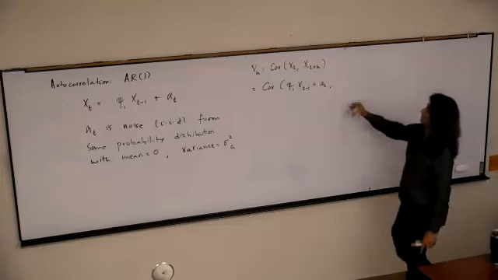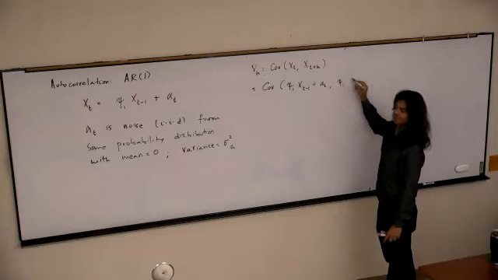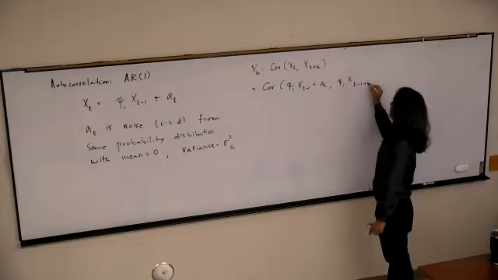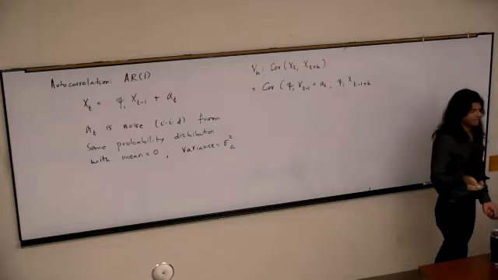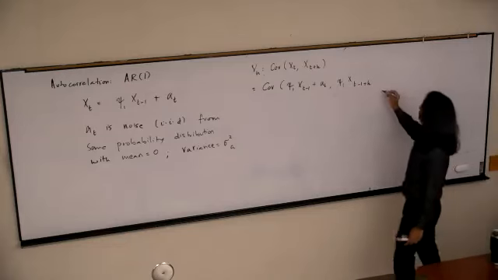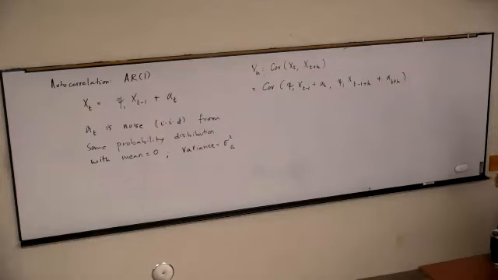Xt plus h equals psi 1, xt minus 1 plus h. T is simply replaced by t plus h. And a sub t plus h.